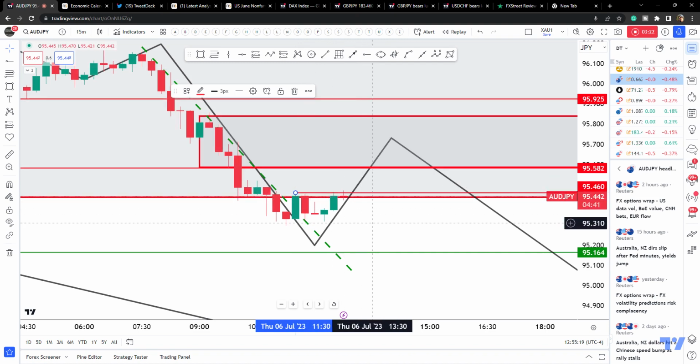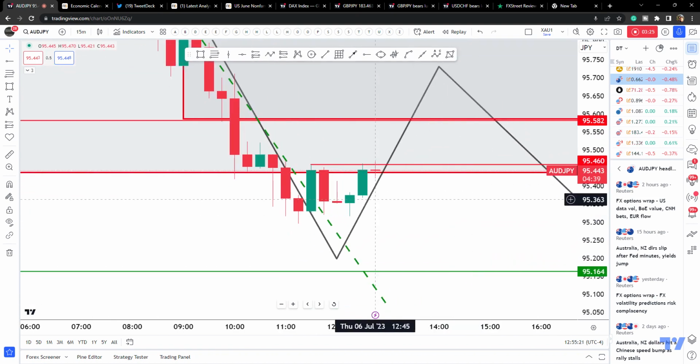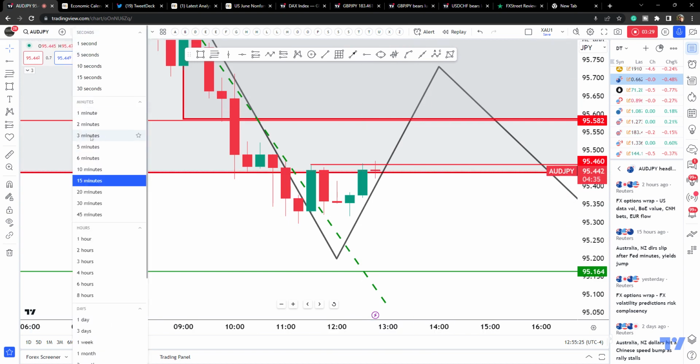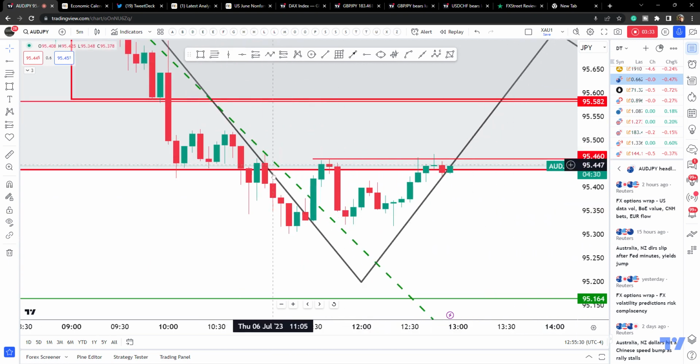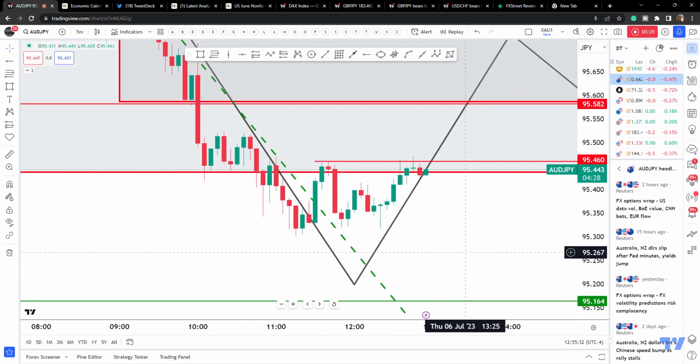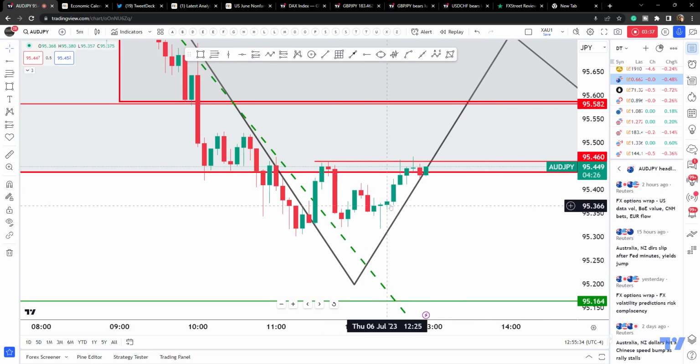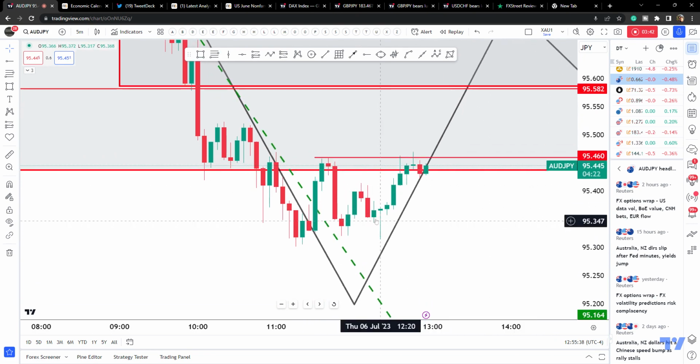The market could come lower to come up. So on the lower time frames, you'd be looking for an area of where this has started to move up. But what we probably want to see is a break of over here.